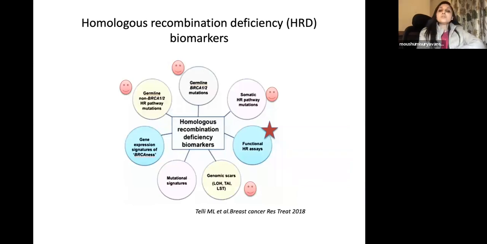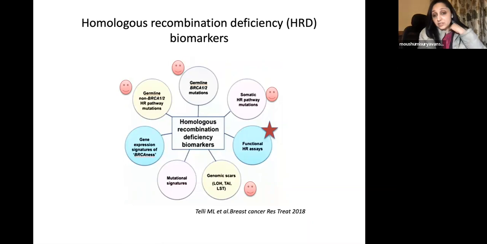Okay, so homologous recombinant deficiency can be looked up by various mechanisms. The ones with the smileys are the ones which are commonly known. One is the germline BRCA1 and BRCA2 mutations, because these are the genes which are usually associated with HRD. And then there is somatic HR pathway mutations.